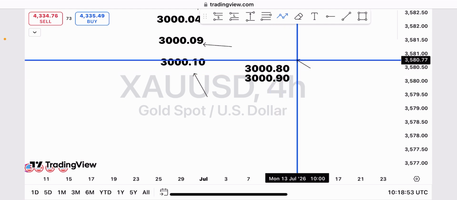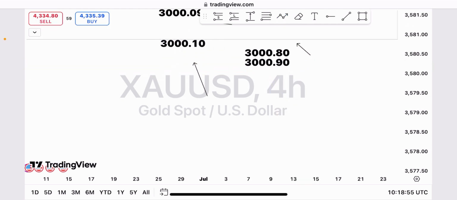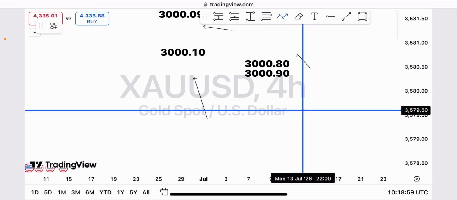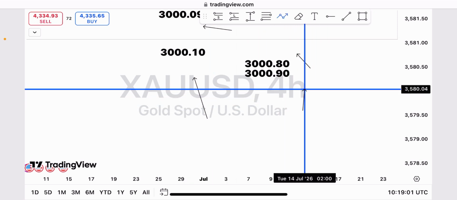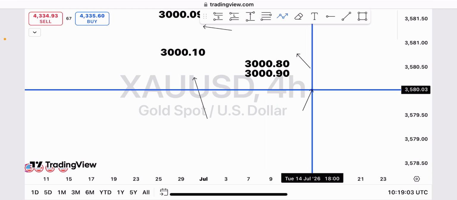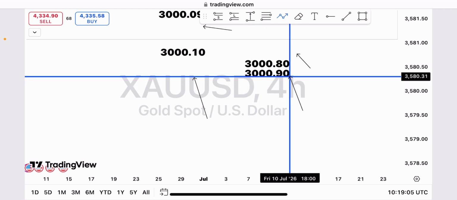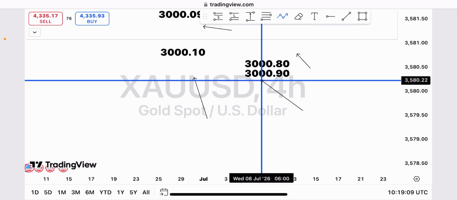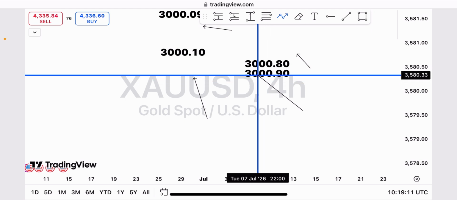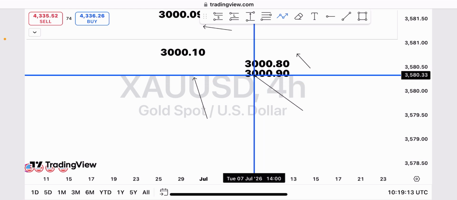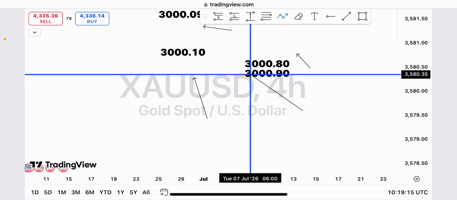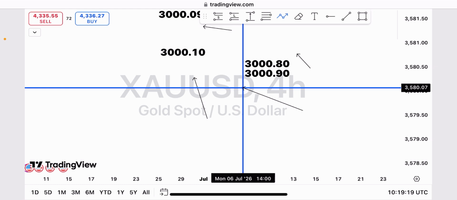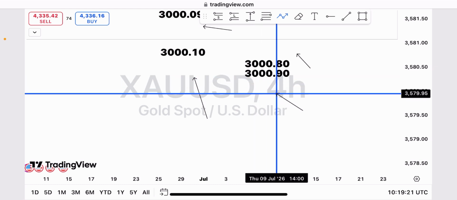Just like in your mathematics basics, we have units, tens, hundreds, thousands. The same applies here. We have the pipette, unit of a pip, 10 pips, 100 pips, 1000 pips. I don't know if you people are actually following me.